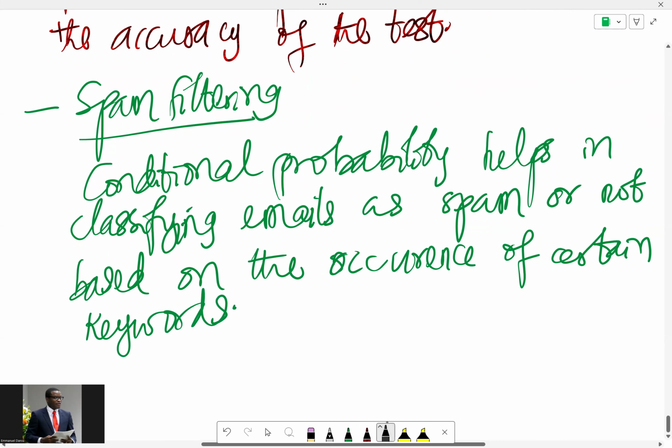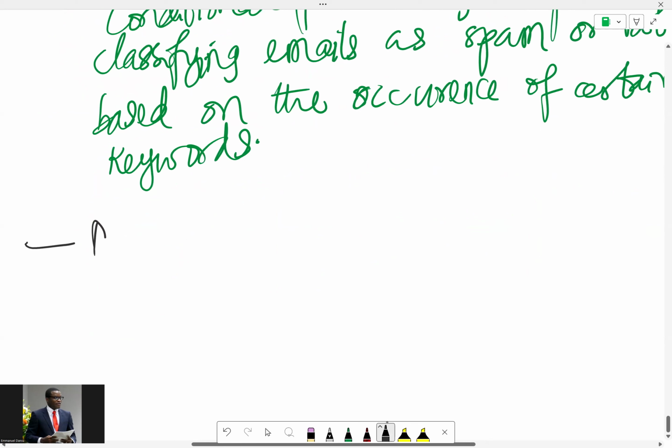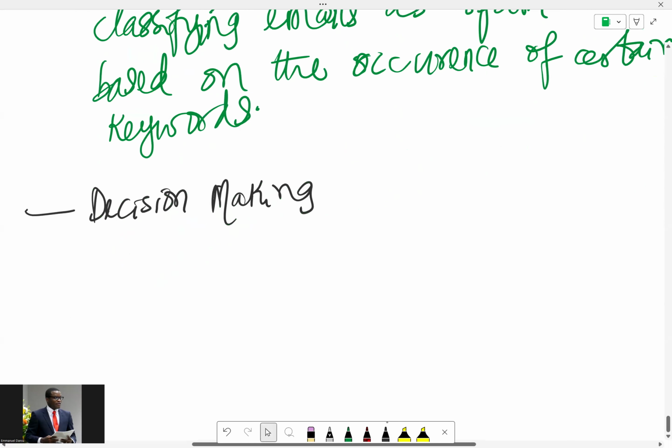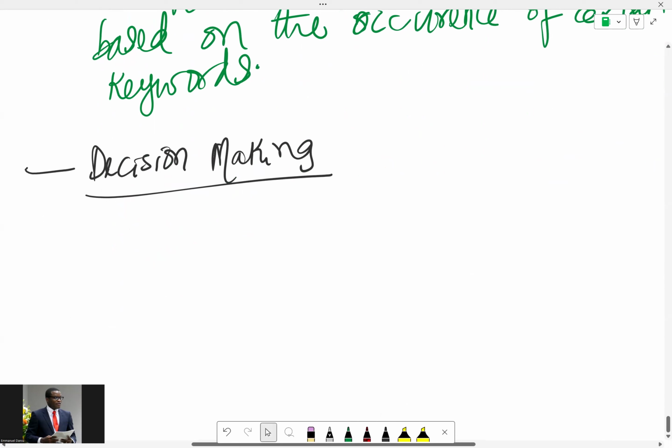All right. And of course, we have decision making. The things we have looked at already, whether it's a medical diagnosis or spam filtering, are actually decision making. But we have it in other areas.